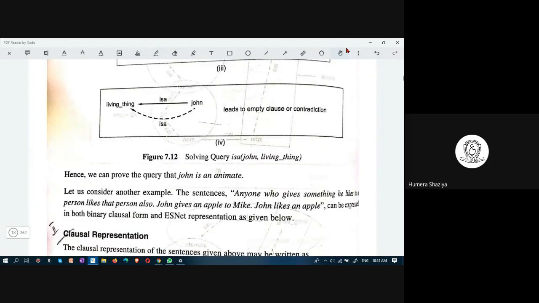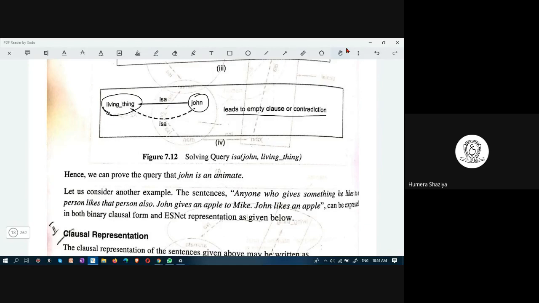Finally, the query is solved. How is it solved? It is leading to an empty clause or contradiction. If it leads to an empty clause or contradiction, it means this John variable is linked to another variable, living thing, using two links. One is the dashed line link, another one is the solid line link.